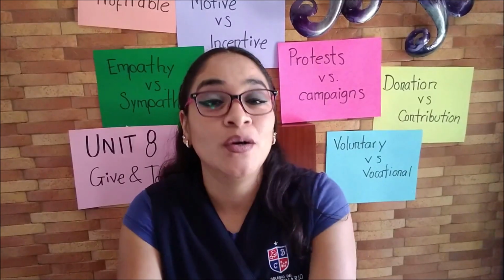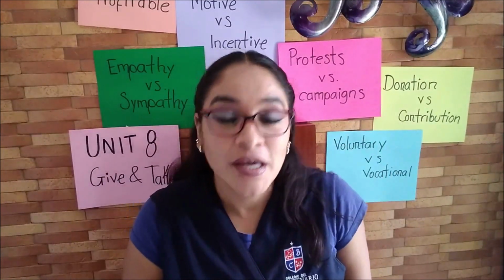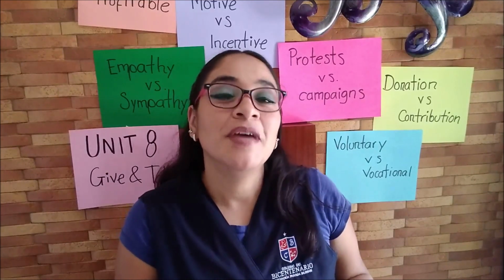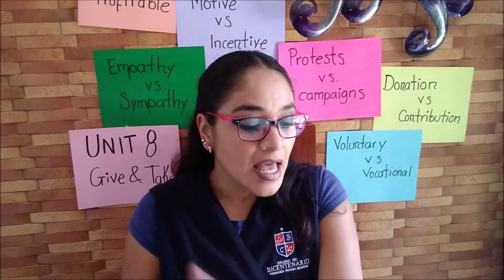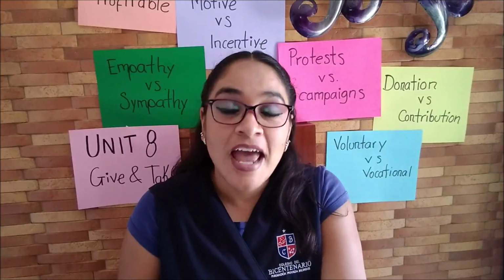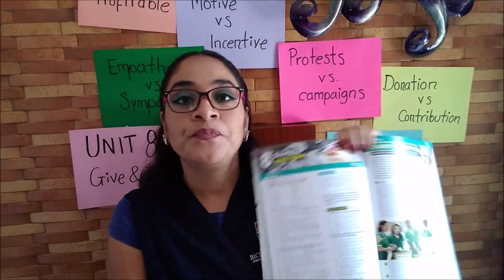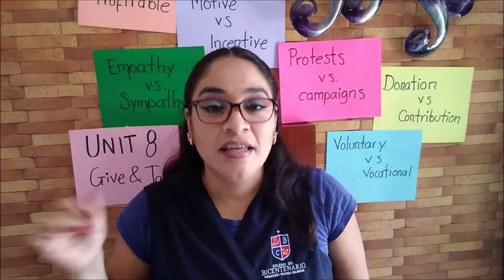And now that we know the meaning of all of our words, we will have to use them. And we will be careful because sometimes they're confused, as you already noticed. So let's answer exercises 1B and 1C on page 82. Do it, and then I will display the screen with the answers for each exercise.